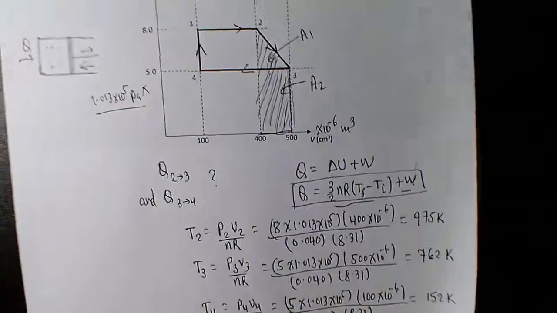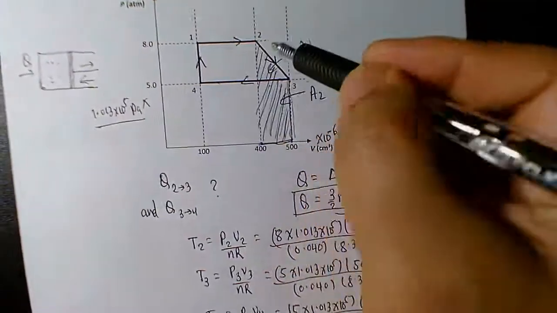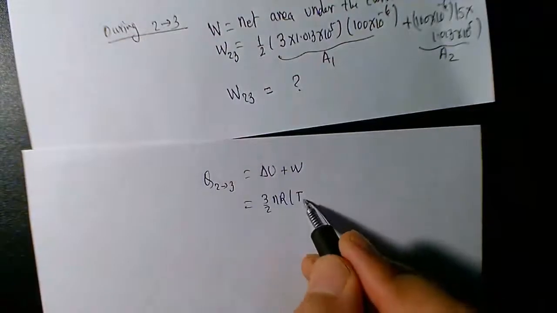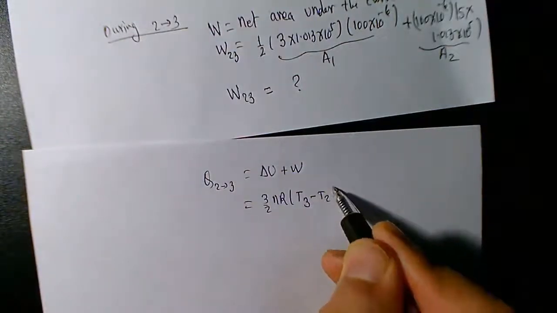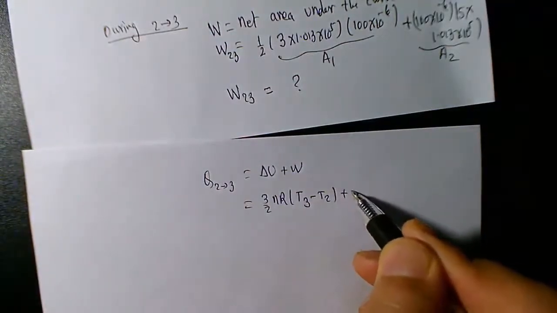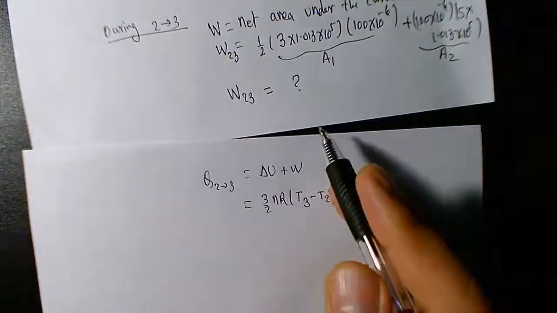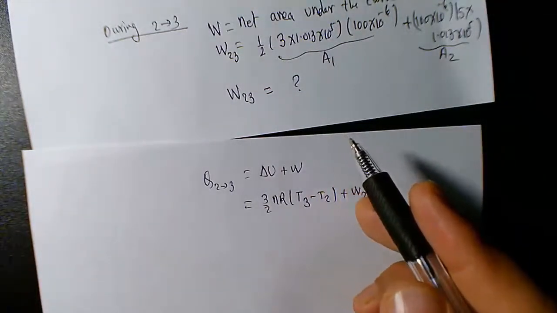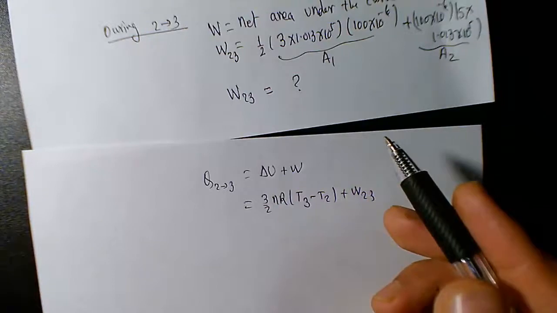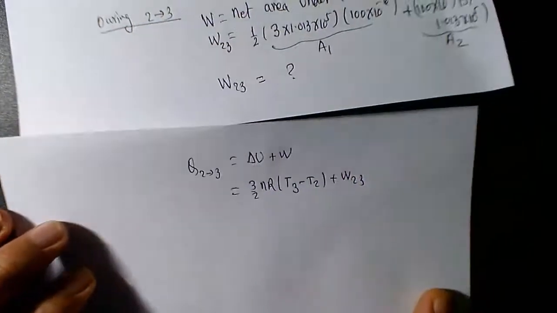You need the final temperature: final is 3, initial is 2 for the 2-3 process. So temperature at 3 minus temperature at 2, which we already know, and the work is W23 from the previous part. So calculate that.